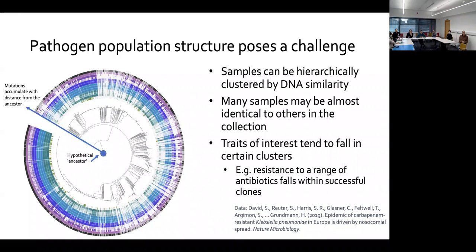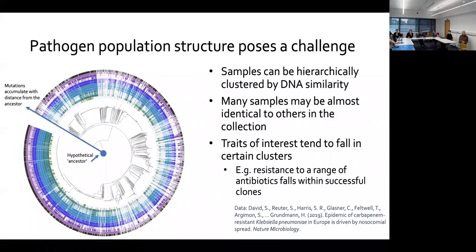If you take all the genomes of your samples, you can hierarchically cluster them according to their similarity overall. At the root of this hierarchical clustering, you can imagine there was some kind of ancestor. And as you go down this family tree, you see accumulating mutations that are common to every member of the group that springs out of that part of the tree.